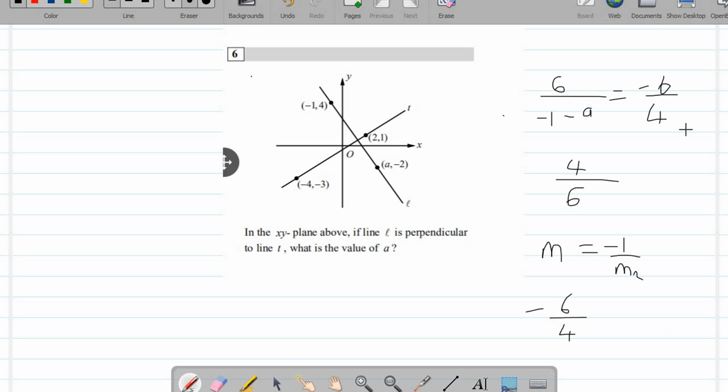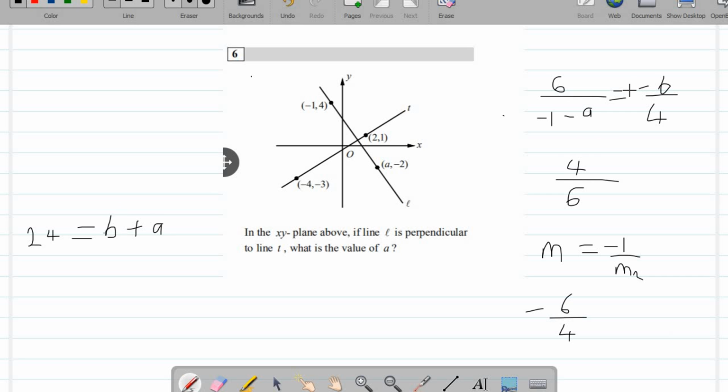Now how can you do this? Crisscross it. Minus 6 times 4 will give you 24, equal to minus 6 into minus 1 minus a.